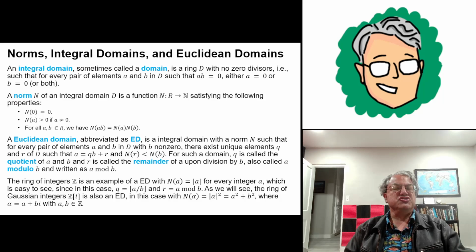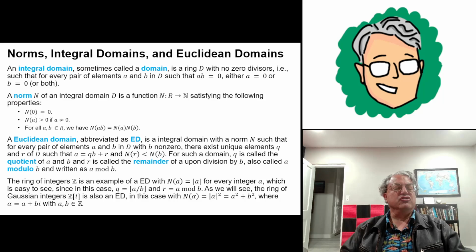Certainly that's true for the integers, and it's true for the Gaussian integers as well. So those are examples of integral domains, but not every ring is an integral domain. For instance, in Z mod 6, 2 times 3 is 0 mod 6. Anyway, we're not going to study those in this lesson. But that's what an integral domain is.